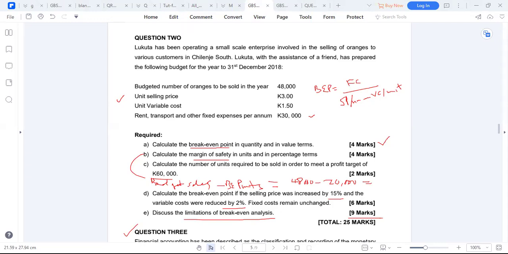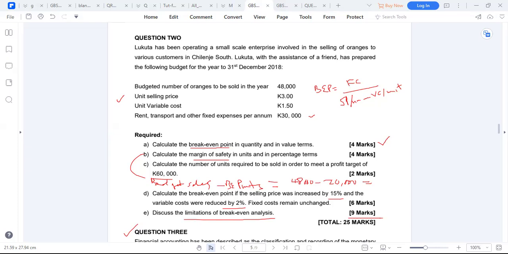Then the variable costs have reduced by 2%. We can multiply it by 0.98, or you can multiply by the percentage. I like finding easier ways of doing things.